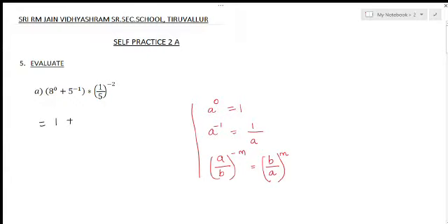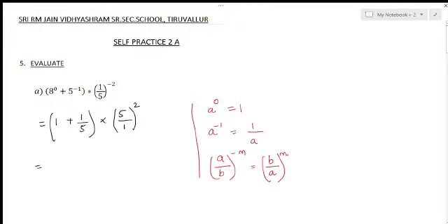Since you have a negative power, you have to take the reciprocal of the number, 1 by 5, into (1 by 5) whole power minus 2. Again it is (5 by 1) whole power plus 2. So simplify this bracket.